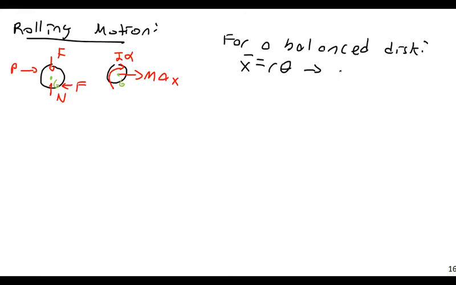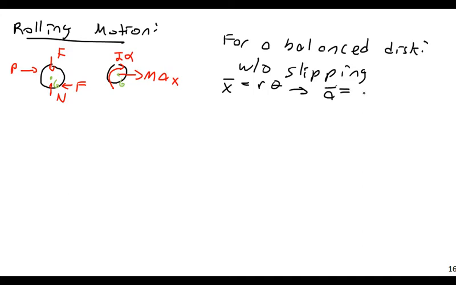For a balanced disc without slipping, assuming it is gripping the ground strongly, X bar is going to be equal to R theta. And of course, we've seen this kind of thing earlier. A is equal to R alpha.